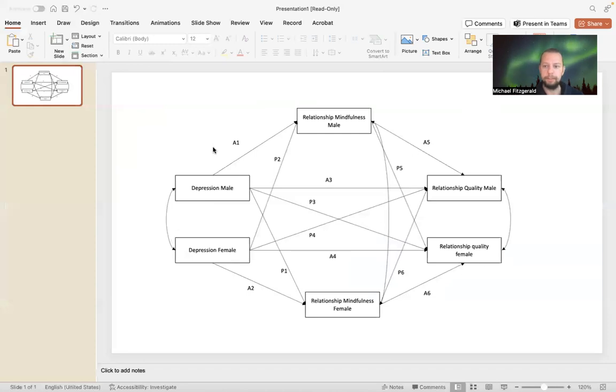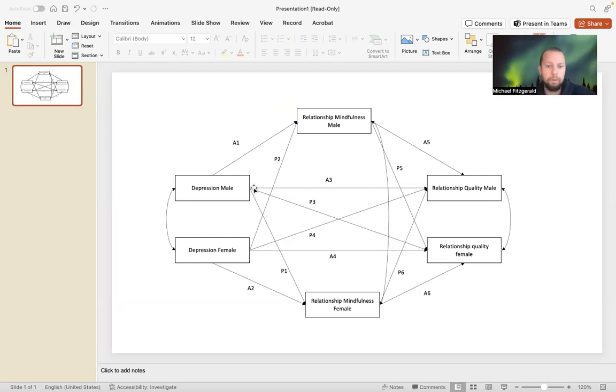And so I've created this very brief PowerPoint to indicate the model that we will be running along with each one of the model constraints, all right? And so this is, again, a visual representation of the APIM mediational model.